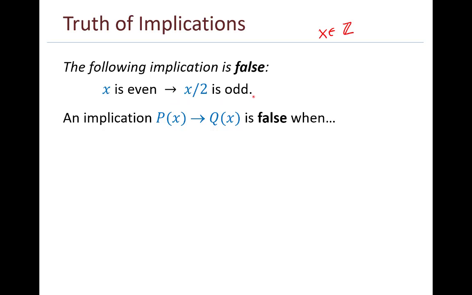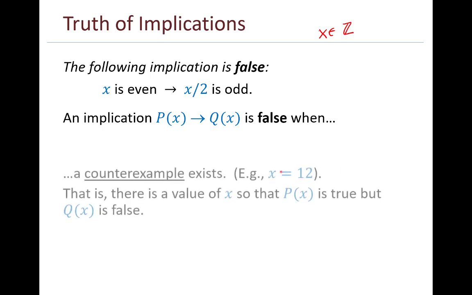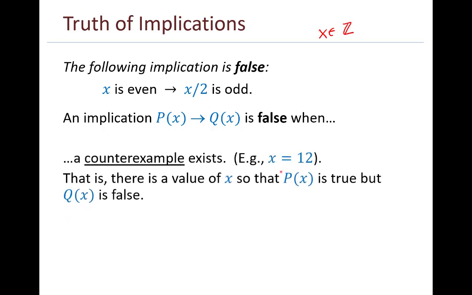How do you know it's false? It's false because maybe you were able to think of a counterexample, and that's exactly what it means to be false, when a counterexample exists. In this case, 12 is a counterexample because 12 is even, but 12 over 2, which is 6, is not odd.